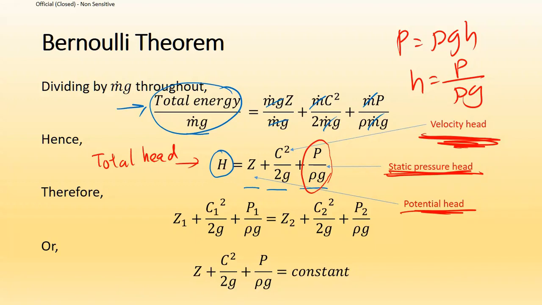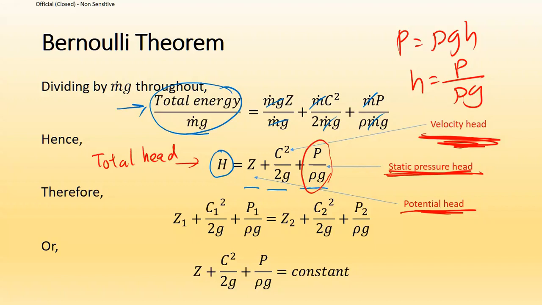Typically, if let's say we have pump A and pump B, and pump A provides 10 meters of head and pump B provides 1 meter of head, of course pump A is more powerful than pump B because it can pump up to 10 meters worth of energy. That's what we are trying to say here. We'll discuss that further a bit later.